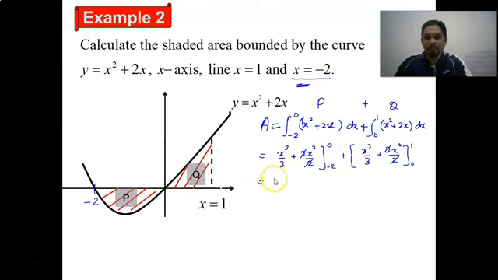And now the first one here, we substitute x with 0. So 0 cubed divided by 3 is 0, and also 0 squared is 0, so it makes 0 here. Minus, then substitute with -2. -2 cubed equal to -8/3, plus -2 squared equal to 4.